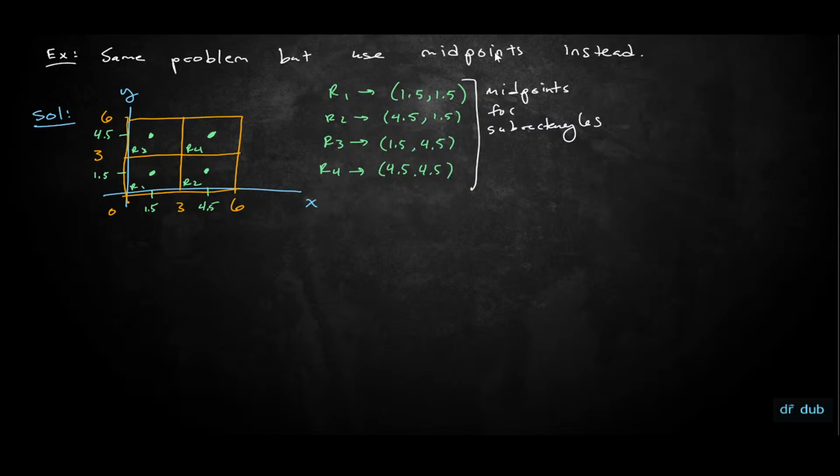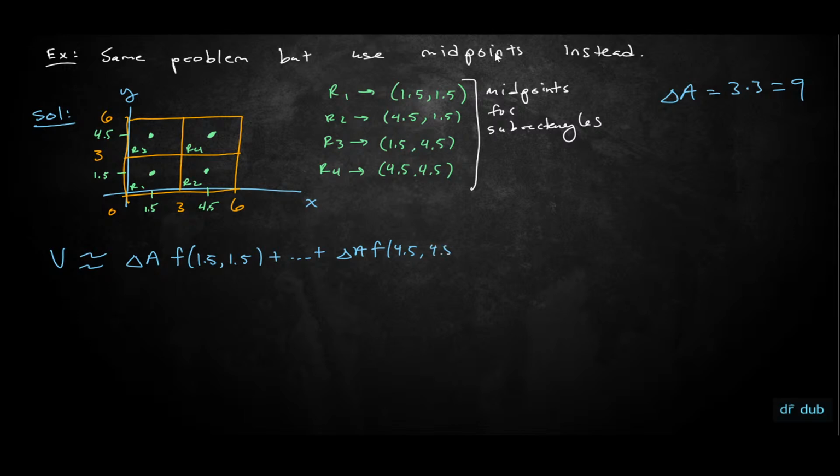Delta A is the same, right? Delta A is still 3 times 3, which is 9. That has not changed. We did not change the size of the subrectangles, i.e. we didn't change how many there were. So all we're going to do now is add up to get the volume. So the volume is going to be approximately delta A times f of 1.5 comma 1.5 plus dot dot dot delta A times f of 4.5 comma 4.5.